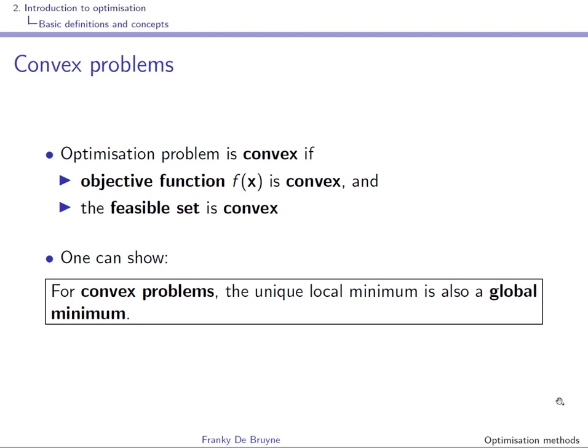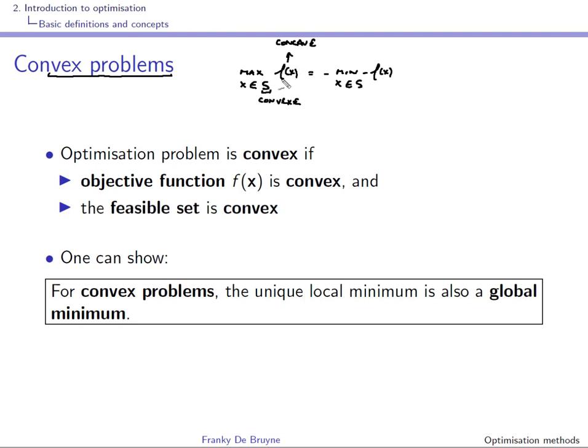Note that a maximization problem on a function f of x that is concave, and where x is constrained to live in a feasible set S that is convex, is also considered a convex problem, because you can rewrite this optimization problem as minus the minimum over the objective function minus f of x, where x is constrained in the same feasible set S that is convex.